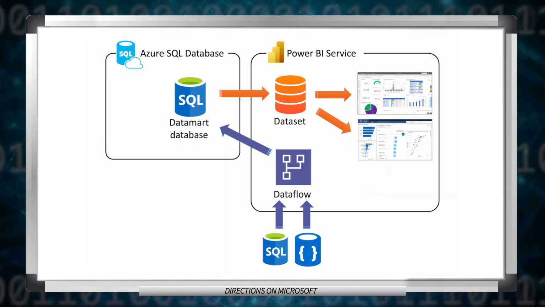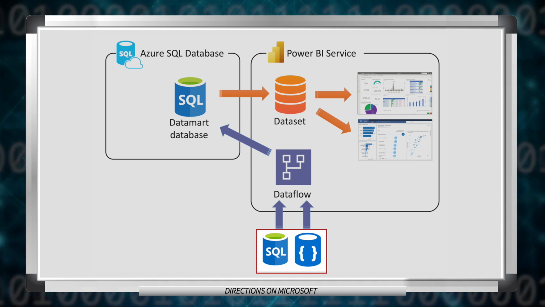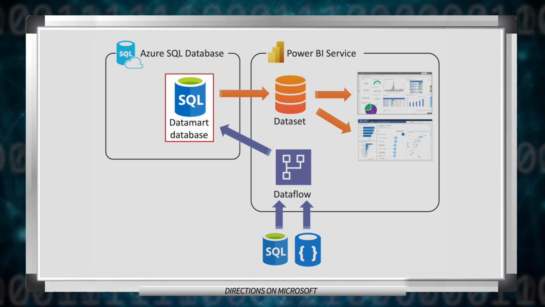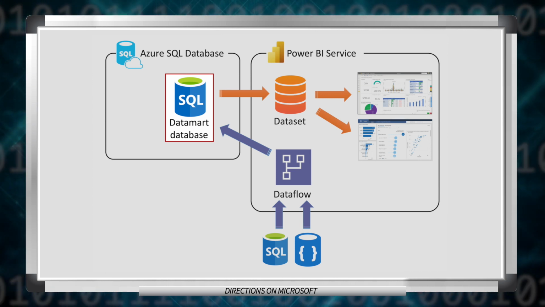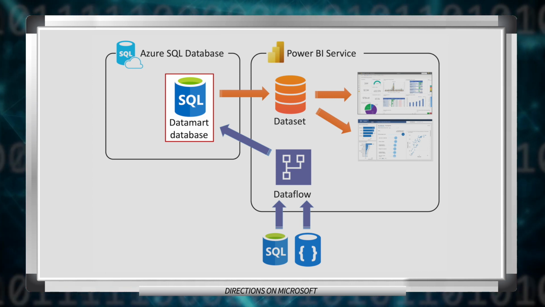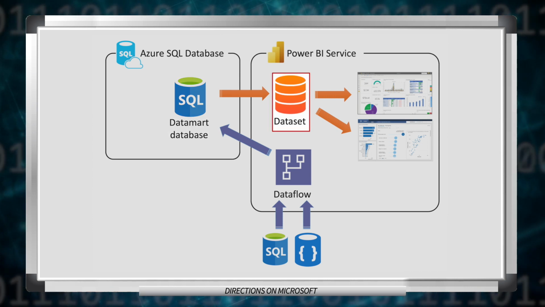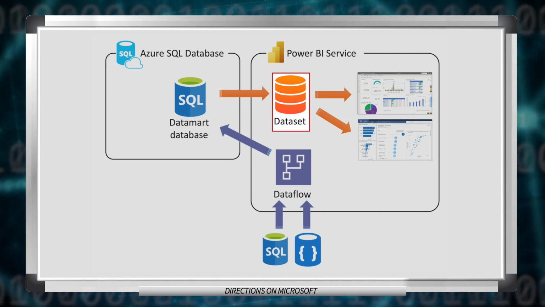First, you build a Power Query query, and that creates a Power BI dataflow. Then the service automatically creates a database, an Azure SQL database, and points the dataflow to that database. Next, the service creates a Power BI dataset that matches the schema of the Azure SQL database.